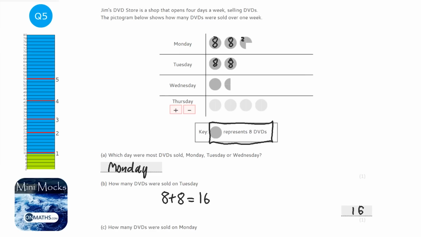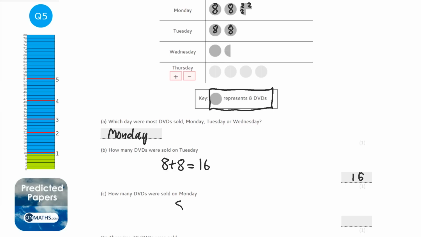So we've got 2 there, 2 there, 2 there, and an extra 2, which is actually missing on that one, would make 8. So that would work perfectly. So to find out a quarter of it, we just divide it by 4, which gives us 2. So we've got the 8s, because we've got 2 complete circles, and then we've got those 3 2s, so we've got another 6.